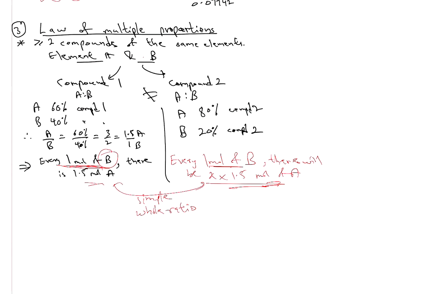of compound 2. So now here, if you take the ratio of A to B, you will get 80% upon 40% or 2, meaning 2 to 1, meaning for every 1 of B you have 2 of A. Now if you compare, 1 mole of B had 1.5 mole of A, 1 mole of B here has 2, and if you take the ratio of these two, that means the ratio of A in compound 1 is 1.5.